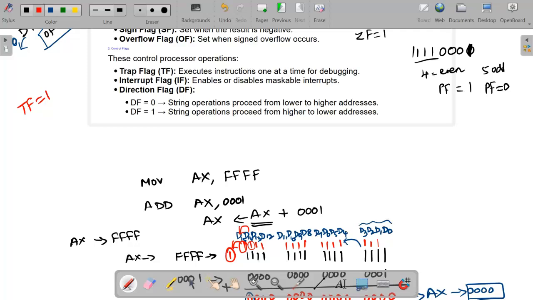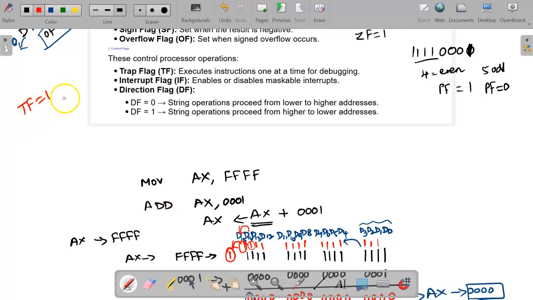Particularly when there is an error, it is useful for the programmer to detect the error by seeing the result after execution of the instructions one by one. Suppose we have 2 instructions and we give them to the 8086 with trap flag equal to 0, these 2 instructions will be executed and then we will get the result.